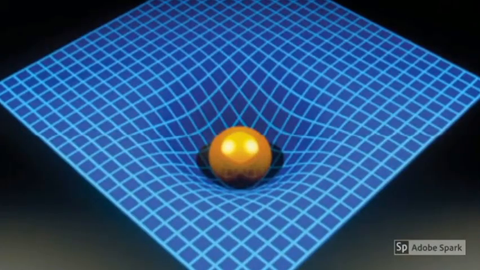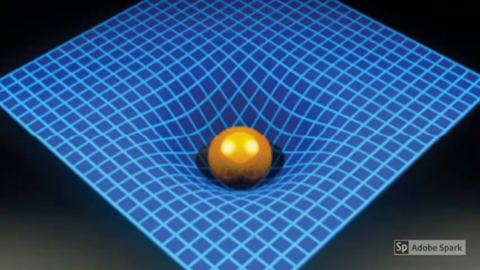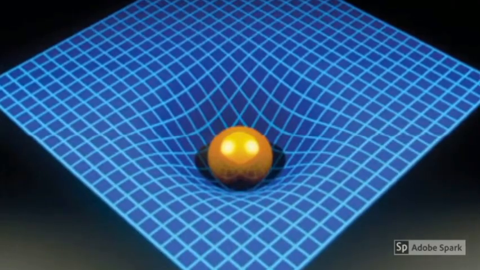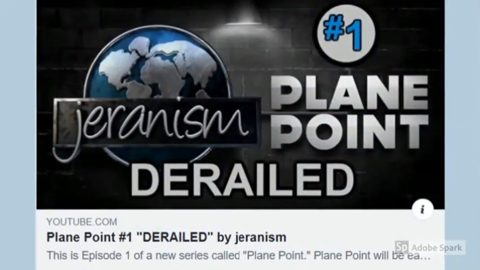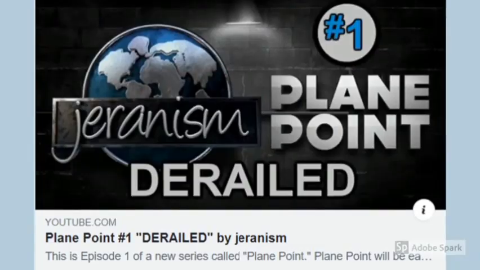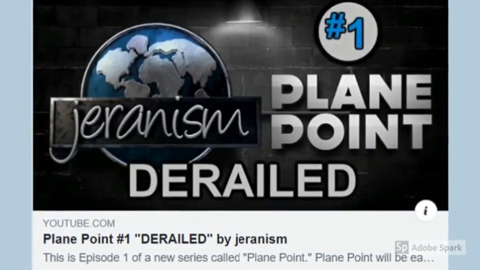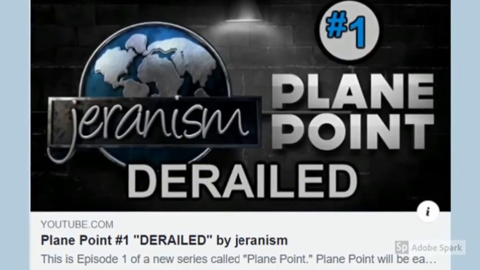So why do horizons appear to rise up to eye level? Is it the curvature of space-time around you? The YouTuber Jeranism does an excellent job at describing how this works in linear perspective. I'll put that next on this course's playlist as a Lesson 2 extension video.